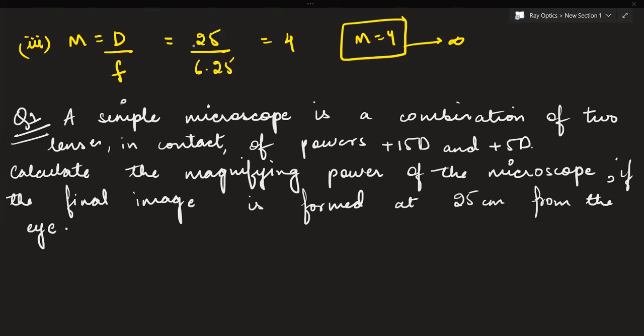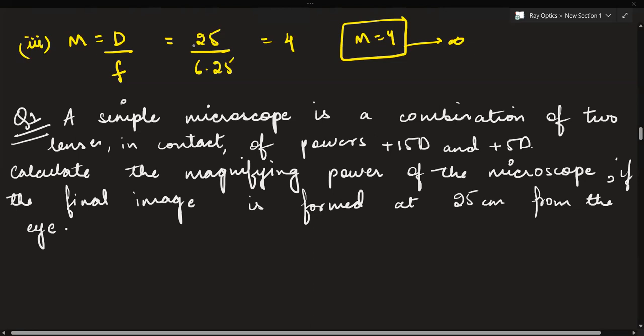Whoever gets the answer, just send me the answer in the chat box. Use the concept of combination of power and combination of focal length.